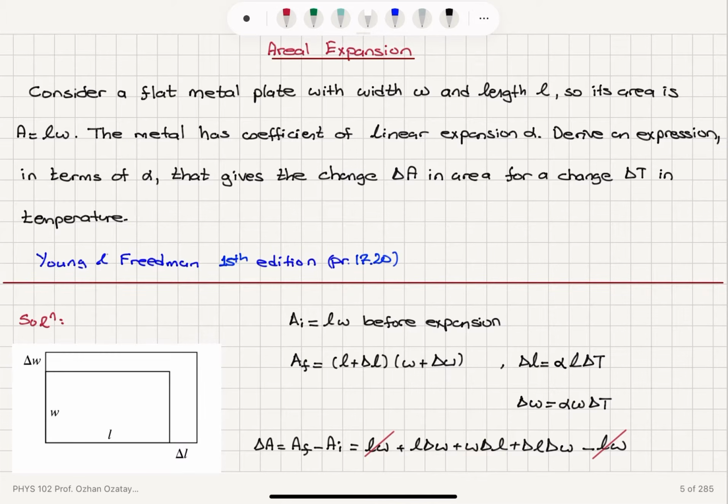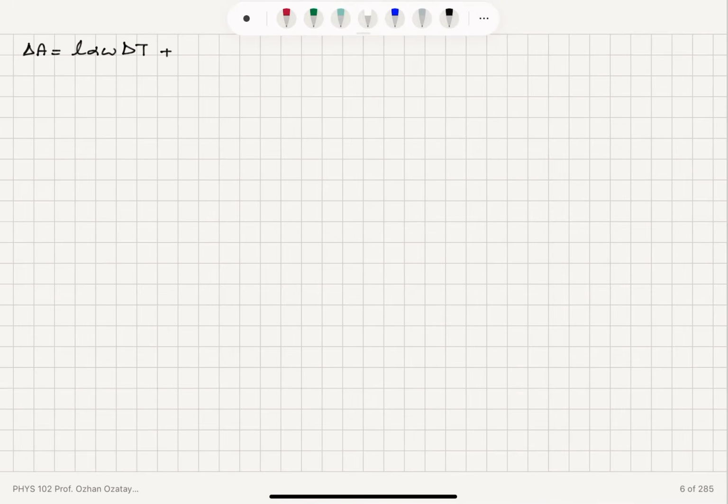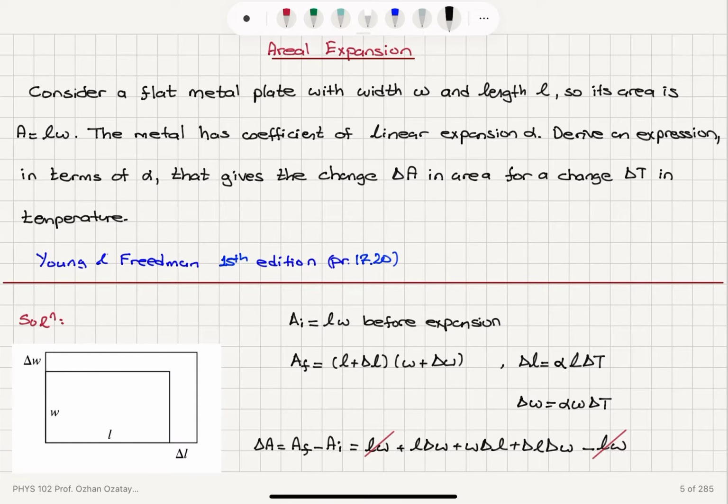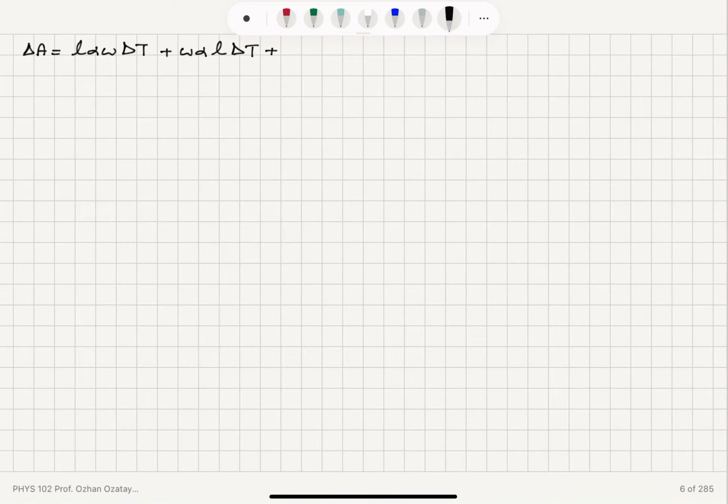Delta L is alpha L delta T, so this will be W alpha L delta T. The third term is delta L delta W, so we multiply these two, we obtain alpha squared W L delta T squared. So we obtain W L times alpha delta T squared.